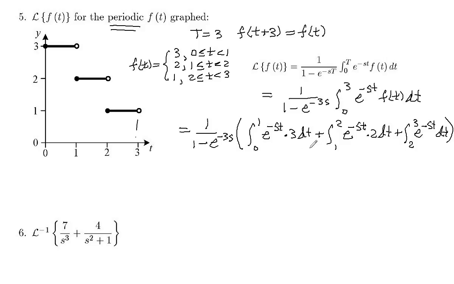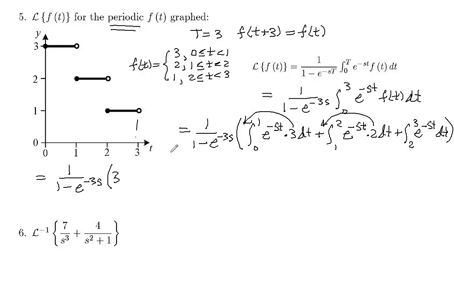So then we just have to evaluate these three integrals, which are not too bad here. So we got a 1 over 1 minus e to the negative 3s out in front. And then the 3 here, we can factor that out of the integral. Same with the 2 here. So we got a 3 out in front.